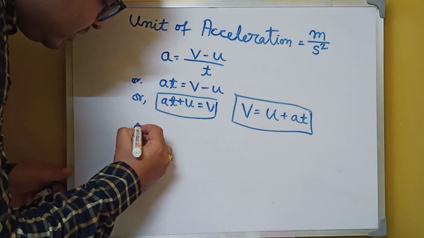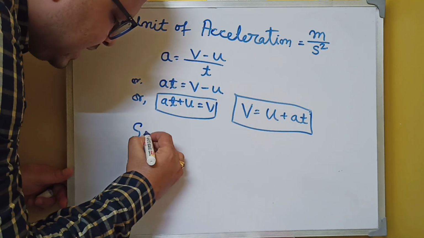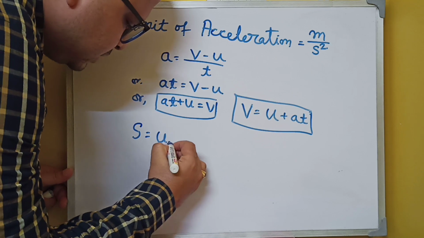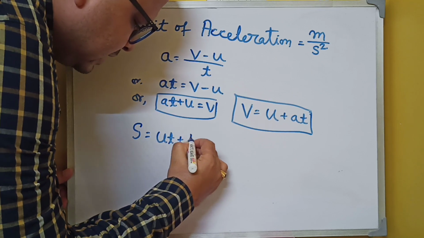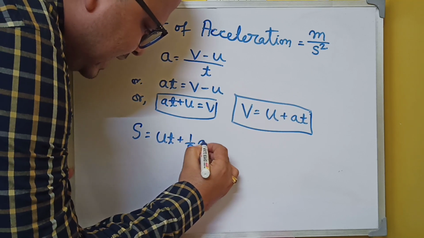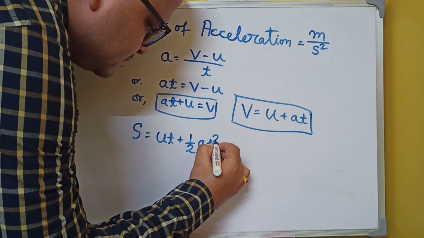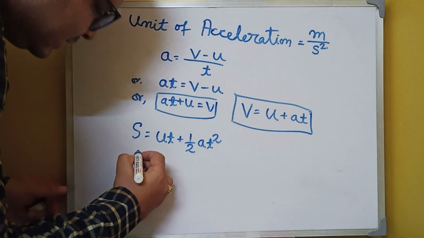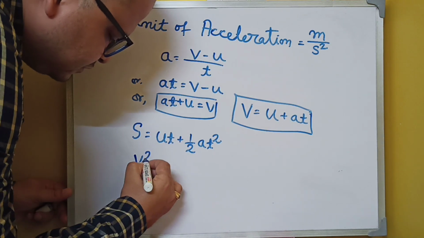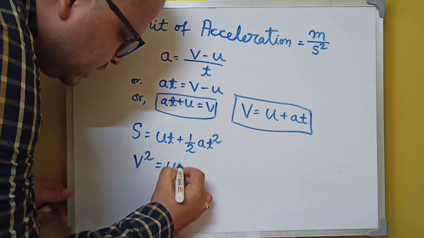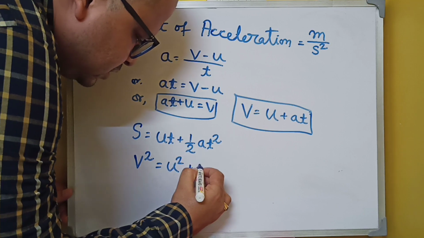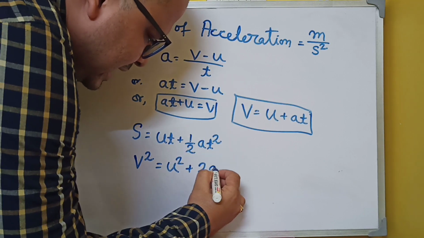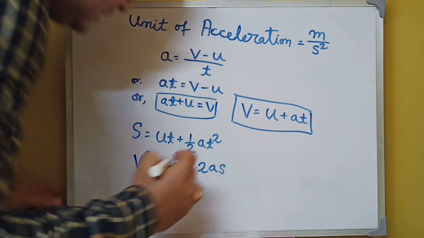And what is your second equation? The second equation is s is equal to ut plus half a t square. And the third equation is v square is equal to u square plus 2as.